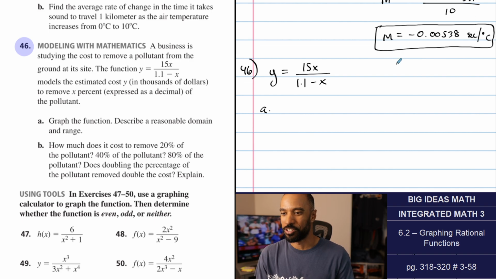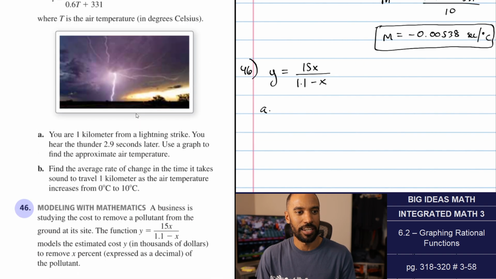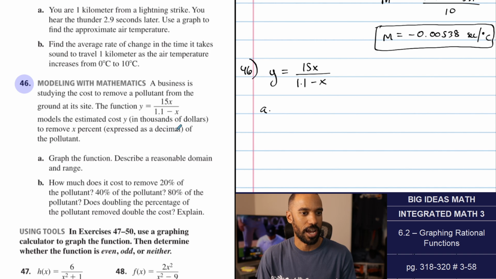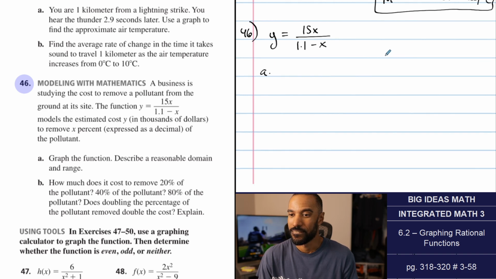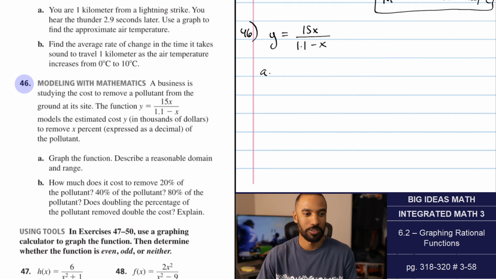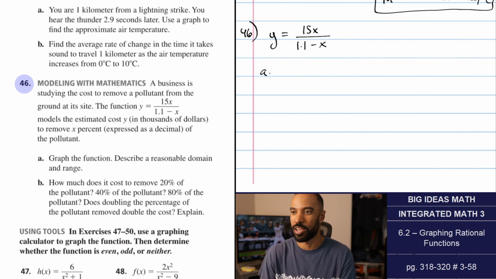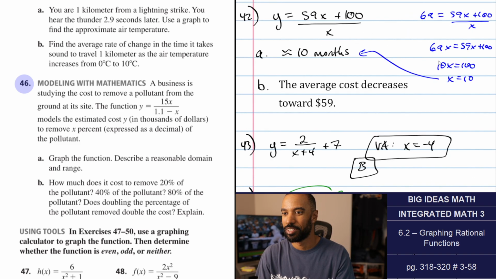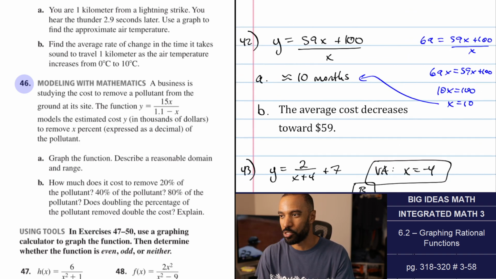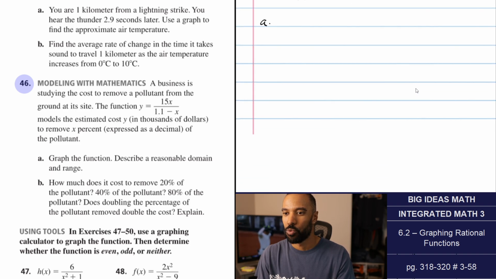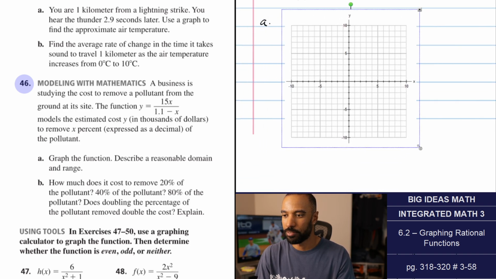I'm torn between whether I use a graphing calculator or not. This one said using tools. This one does not. I'm wondering, maybe I don't use a graphing calculator. So let's try and not use a graphing calculator. Sorry for me going back and forth on that. All right, so we are going to graph.